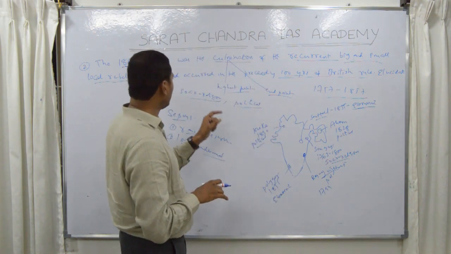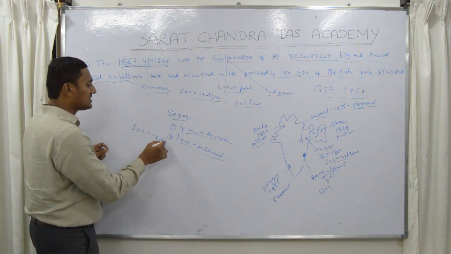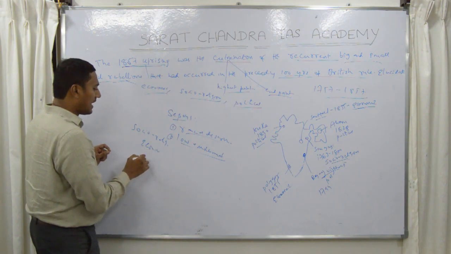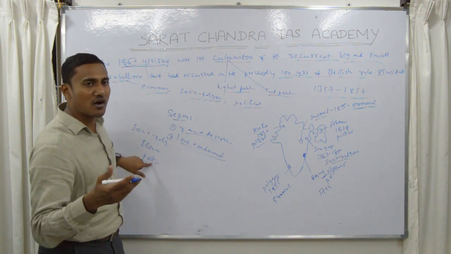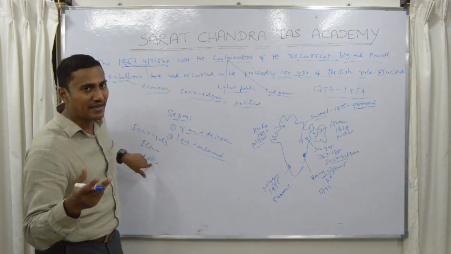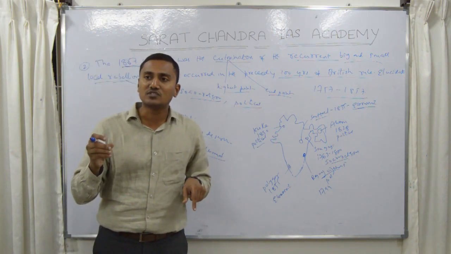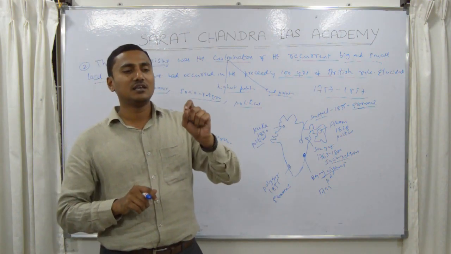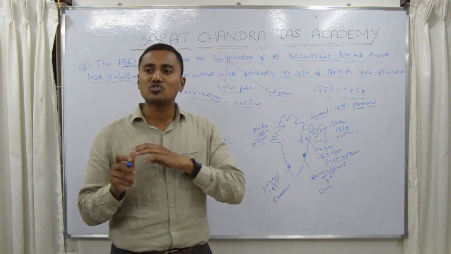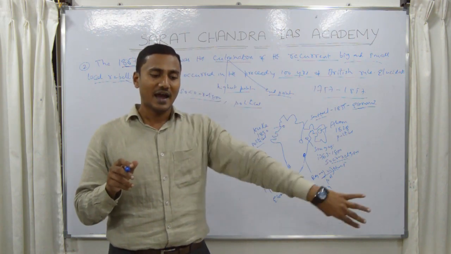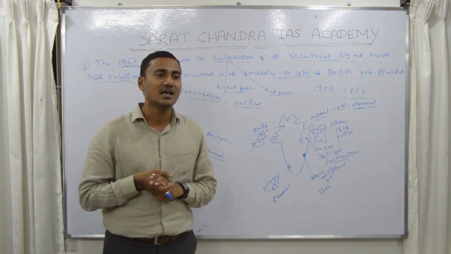For example, the 1857 revolt was because of socio-religious, economic and political causes. Political, you can say, because of subsidiary alliance, doctrine of lapse, effective control, etc. And economic reasons, you can say, heavy taxation, oppressive land revenue system, and no patronage for the handicraftsmen, the artisans, as British goods were mostly exported into India, and Indian artisan goods were not encouraged, because of which most handicraft artisans became jobless.